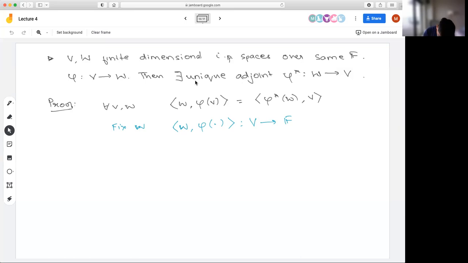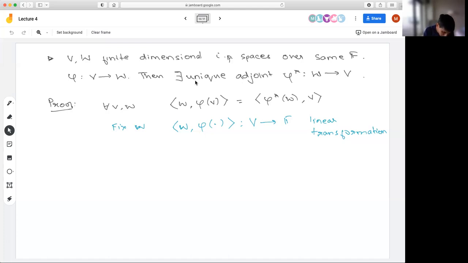And I claim that it's a linear transformation. It requires a little bit of a check, but phi is linear in V, and the inner product is linear in its second input. So it's a composition of two linear transformations, and you can check that it's a linear transformation.